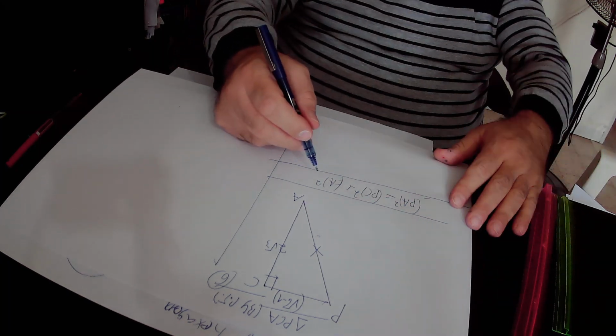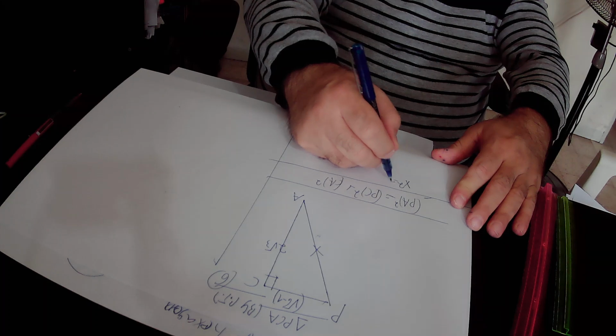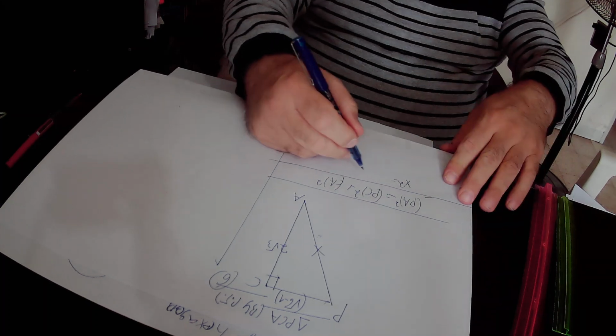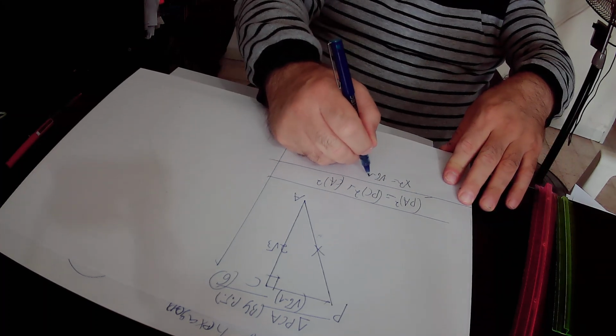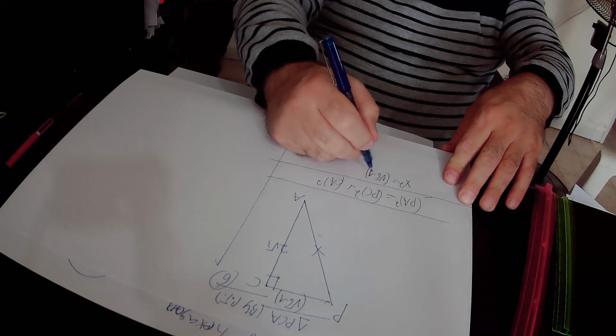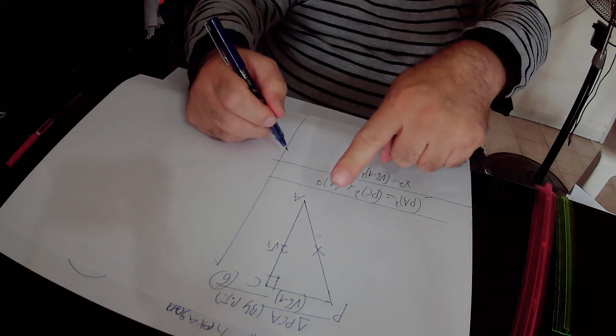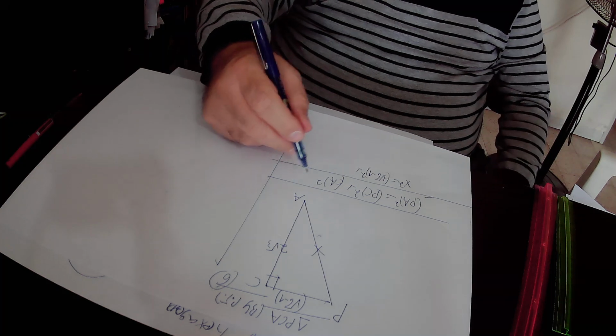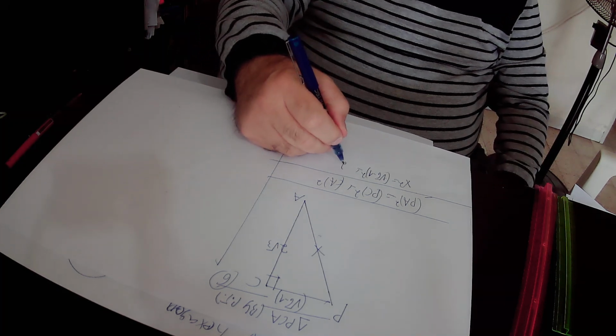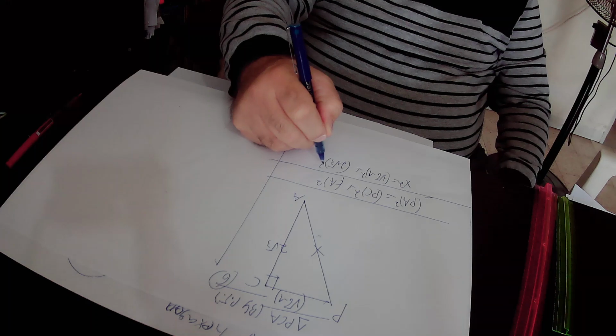PA is X, so PA square is X square, and it must be equal to PC square. PC is square root of 6 minus 1, therefore PC square is (square root of 6 minus 1) square, plus CA square. CA is 2 times square root of 3, therefore CA square is (2 times square root of 3) square.